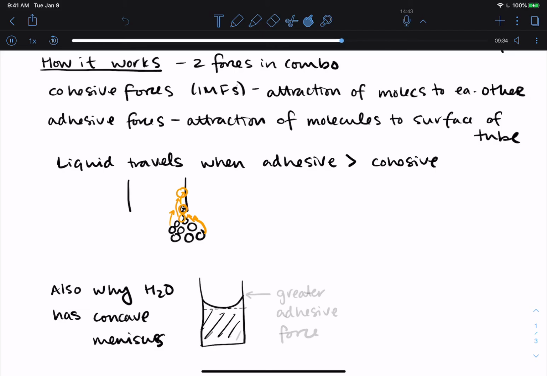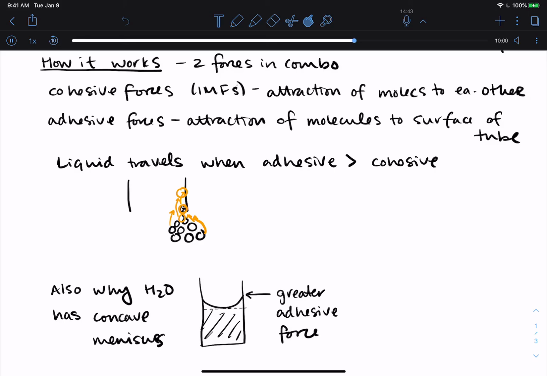This is all my liquid water. That pull up to the sides is because of the greater adhesive force. It's just that something like a graduated cylinder isn't small enough to act like a capillary tube. So the water mostly stays down in the bottom, but it gets pulled up just a little bit at the sides.